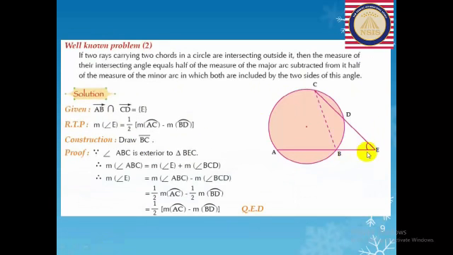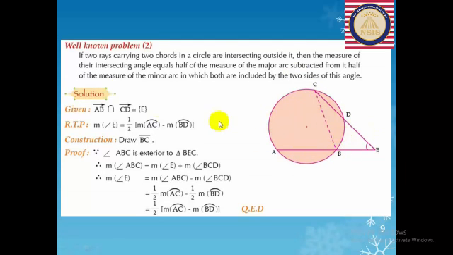But what about if it's outside? Look what you're going to do. This will be half what? The bigger arc minus the smaller one. Look at this. It cuts these two parts of the circle.